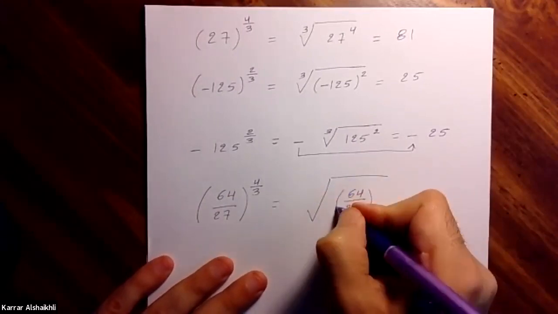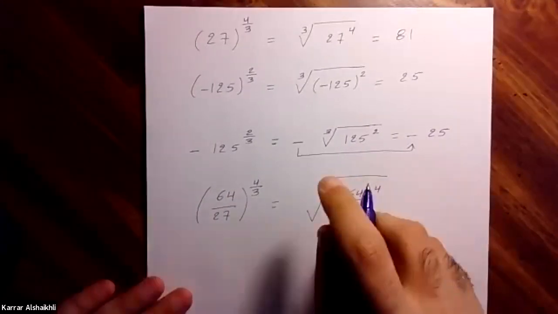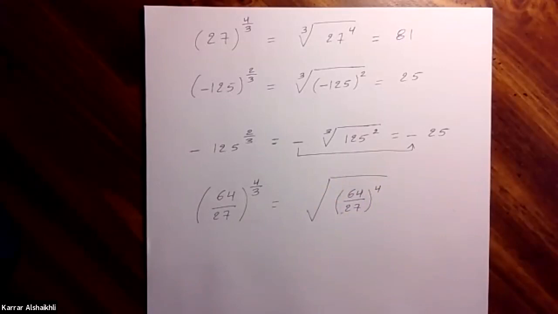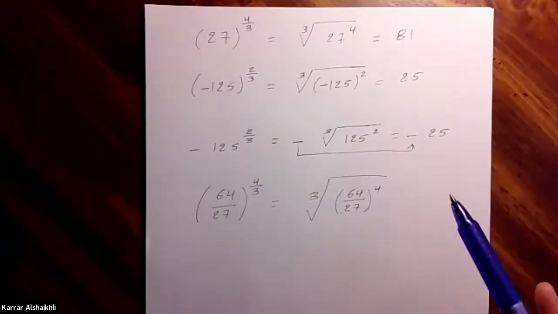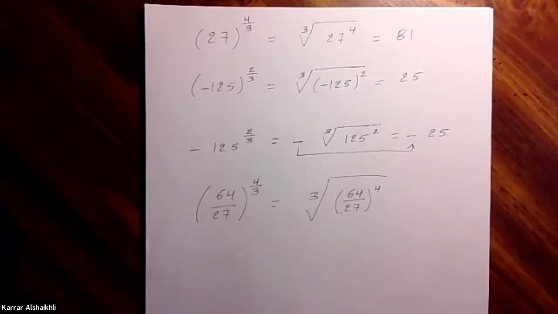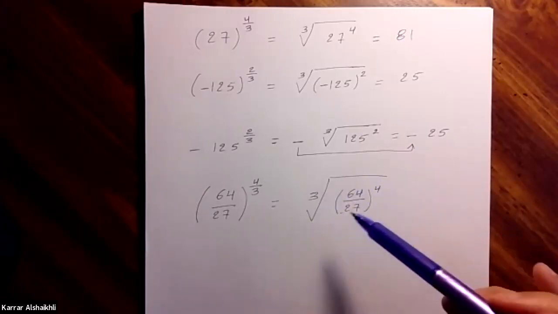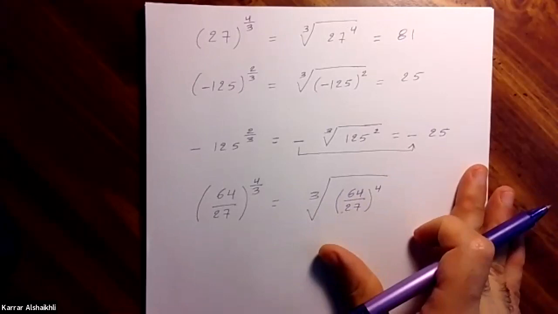The exponent is 4 and the radical is 3. If you use the calculator directly, it's going to be a decimal number, which is wrong, because we need to write down a number, not a decimal number. So I have to do steps here. Check what I'm going to do.